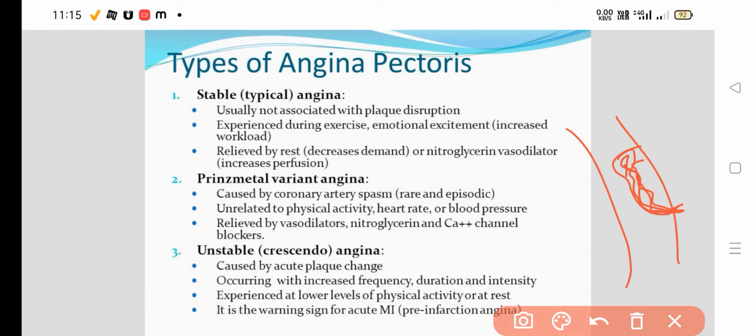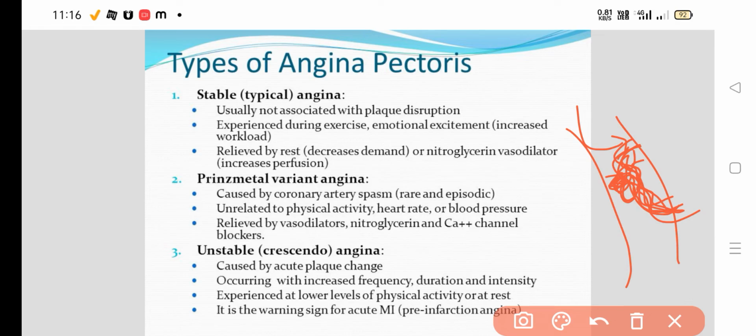The margin and surface of the plaque are not regular, they are irregular and abraded, so circulating platelets will get attracted, adhere and be deposited there, and then superadded fibrin will also stick here and cause thrombus formation.